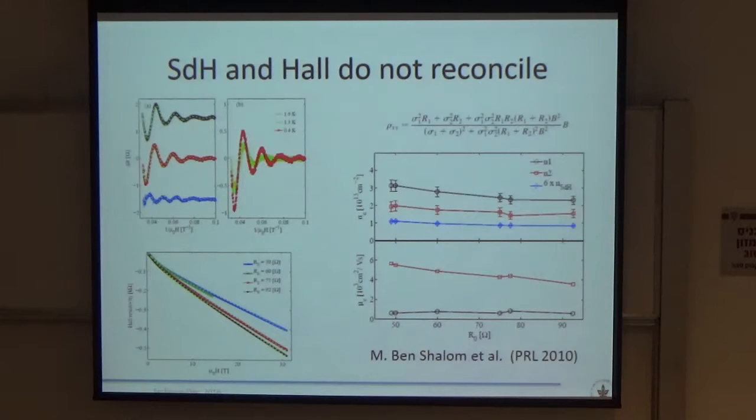Okay, another important fact is that we have two bands. So these are the Shubnikov-de Haas measurements and Hall measurements. Basically, you put a strong magnetic field, and you look at the resistivity, and the resistivity oscillates, and the frequency in 1/B is proportional to the area of the Fermi surface.